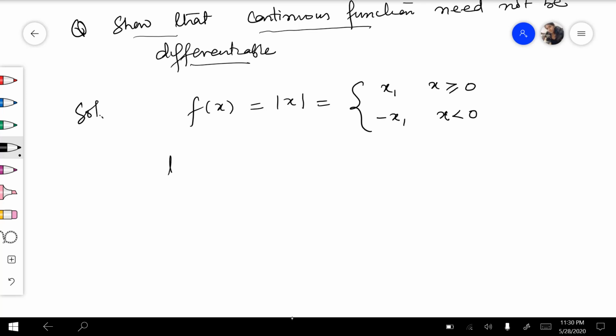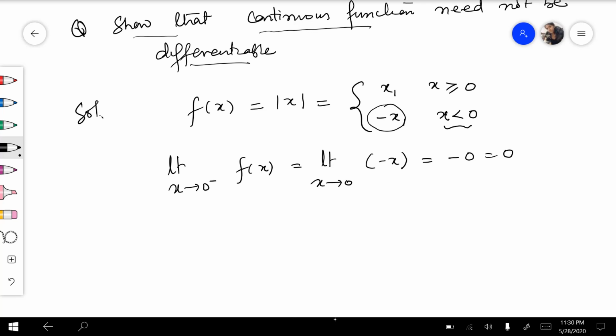So for that, limit x approaches 0 negative of f(x) will be equal to limit x approaches 0 when x is less than 0, f(x) is minus x. Since it is not 0/0 form, I can replace x by 0, equals 0. Similarly, limit x approaches 0 plus of f(x) will be equal to limit x approaches 0 of x, which is equal to 0.